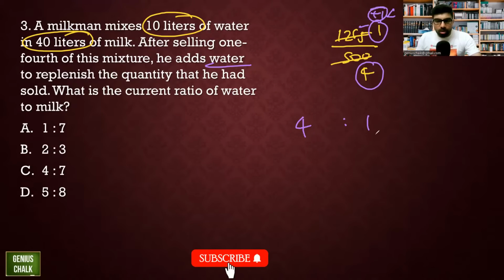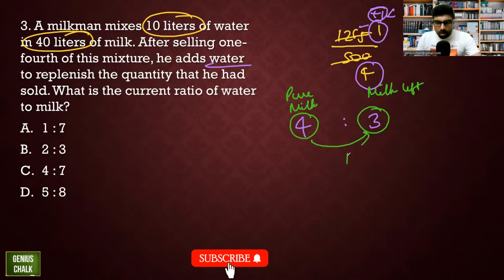So that means from 4, one quantity is gone. That means the amount of milk left is 3. We can write pure milk ratio wise, and this is milk left. So this was 4, this is 3 left now.